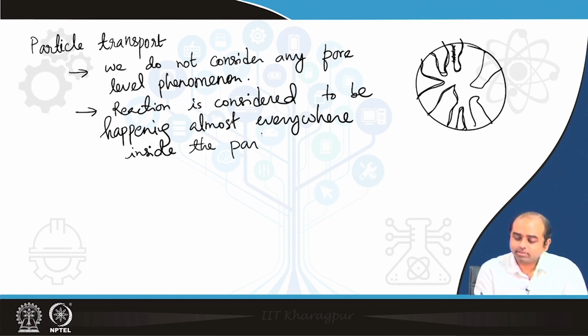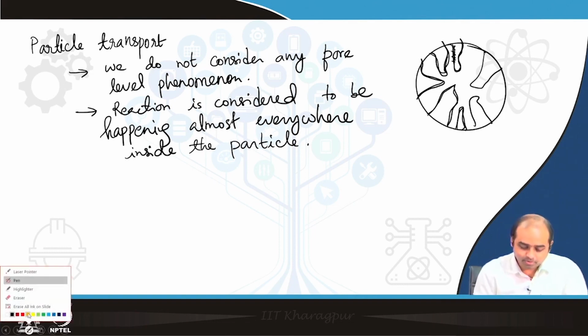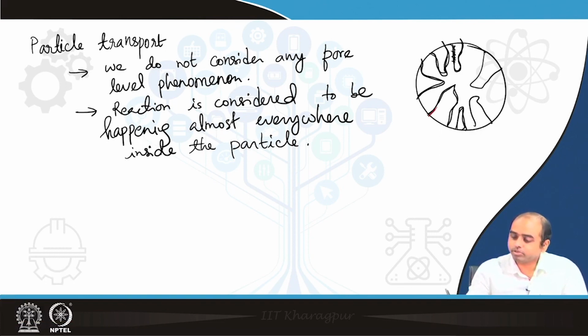So, we can consider that almost everywhere this reaction happens in the bulk of the catalyst particle, instead of considering only the exposed surface area of the catalyst particle. That is a consideration we are not making here, and probably something we will look into in the next class.